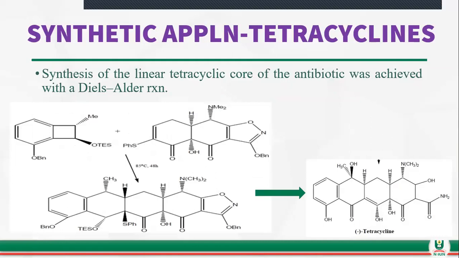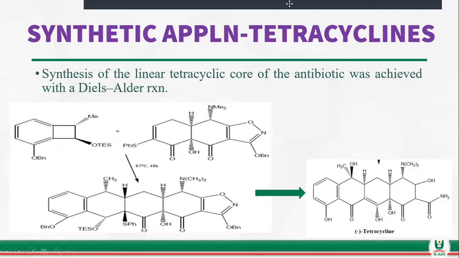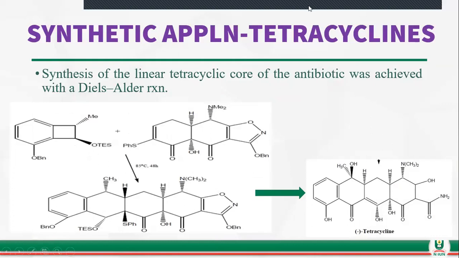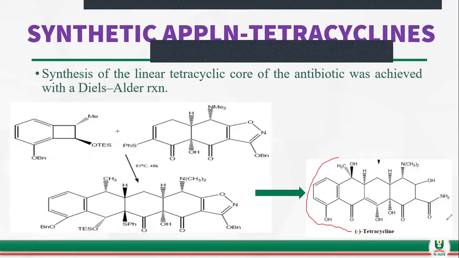You know, tetracycline, we all know the structure, we all know tetracycline, how it's a very valuable antibiotic that has helped man over the years. But you know, the beauty of it, tetracycline has structure. This is the structure of tetracycline.